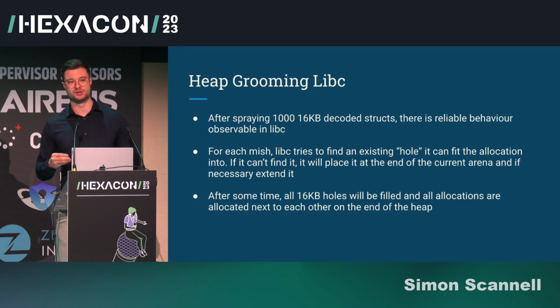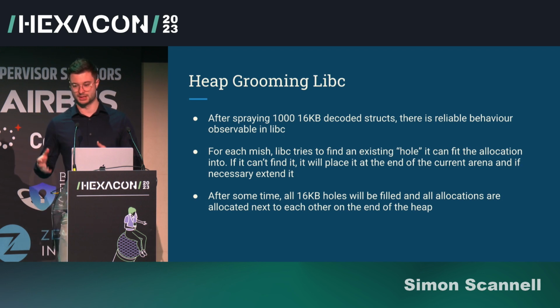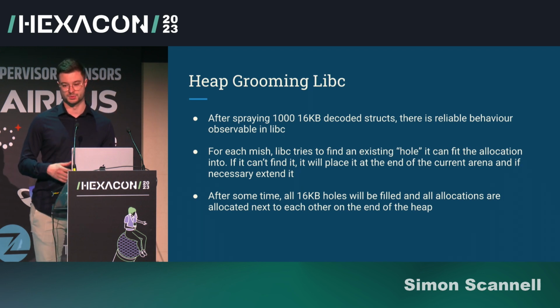I don't want to go into too much detail about libc because there are a billion better resources out there. I just want to go into the behavior that was observable and very reliable with this particular heap spray. After spraying 1,016 kilobyte blocks, the following behavior was observable.